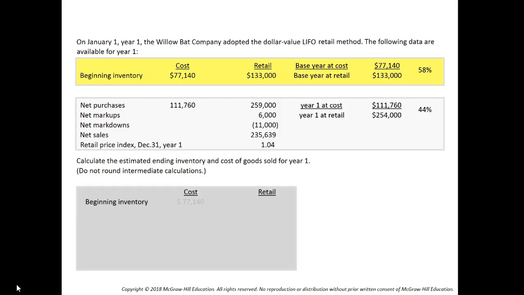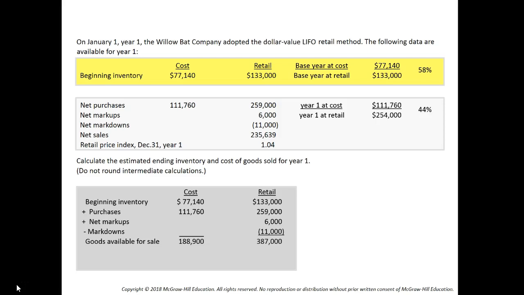So we've got our beginning inventory, $77,140. Retail's $133. Our purchases, $111. Retail, $259. Our markups and our markdowns. Goods available, $387. Our net sales are $235,639.